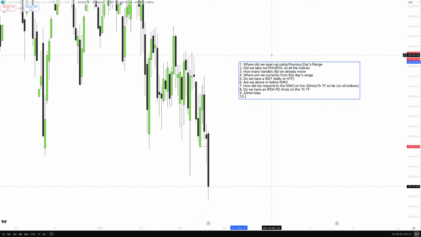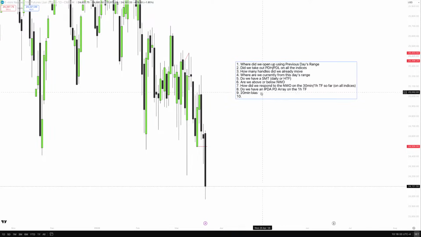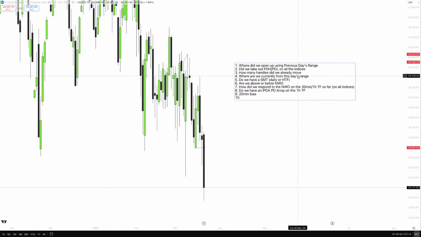And one important thing to note is that I'm not giving every single point the same emphasis. For example, I am not giving where we opened up in the previous day's range the same emphasis as point 9, the 20-minute bias.